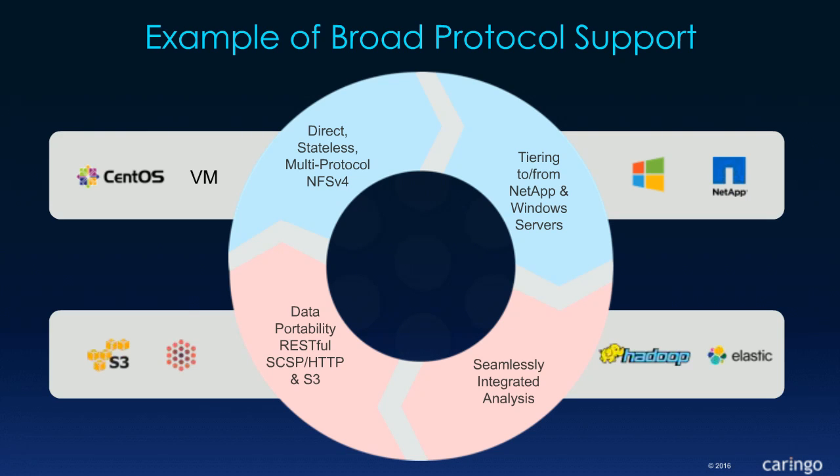Or can't I just shunt this data off to something that's cheap and deep, but at the same time make the access for that data still look transparent to the end users and applications? And that specifically is where our FileFly capability comes into play, where we're able to do that level of data tiering, yet still make the access transparent.